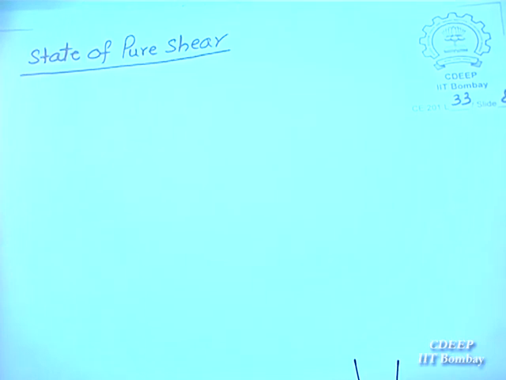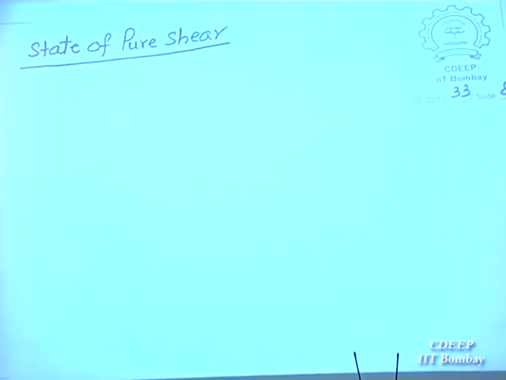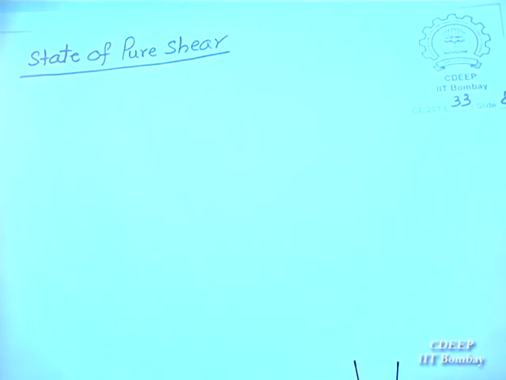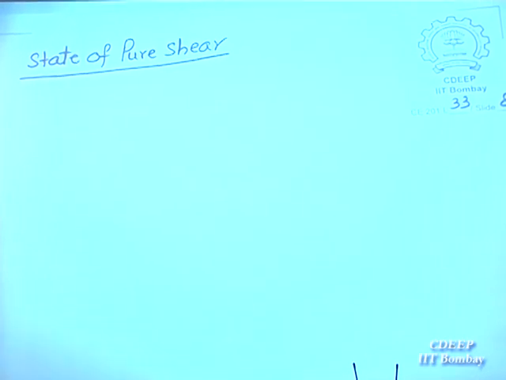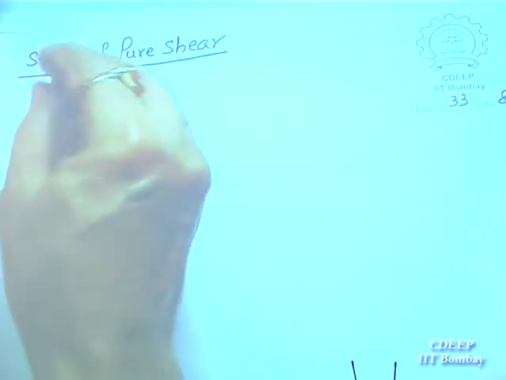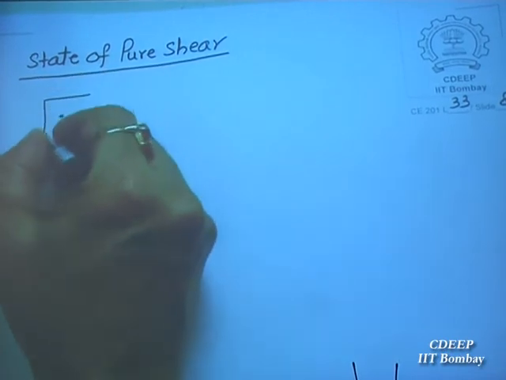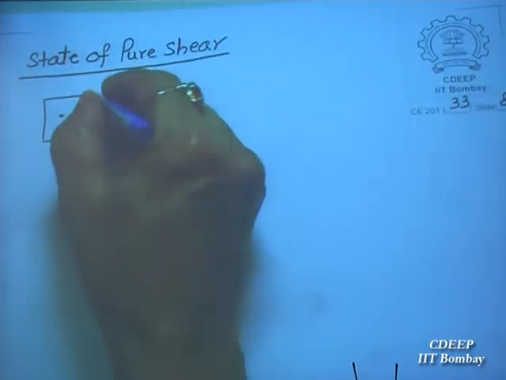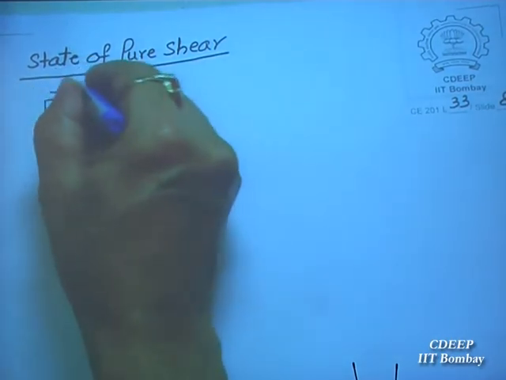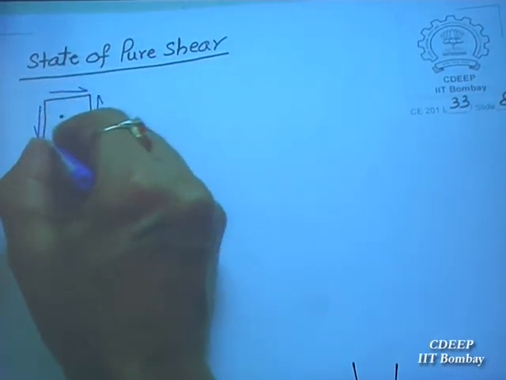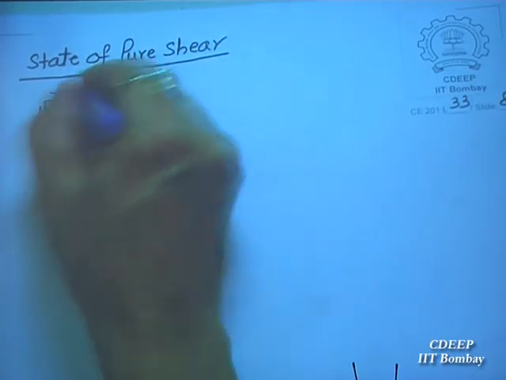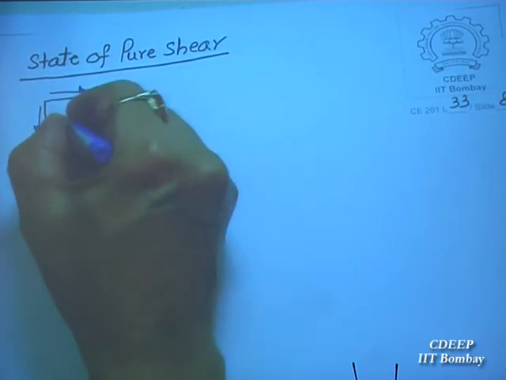Okay, so there is something called state of pure shear. Sometimes at a point in a body, if you draw a particular element, you will have this kind of state. No normal stress, pure shear point.